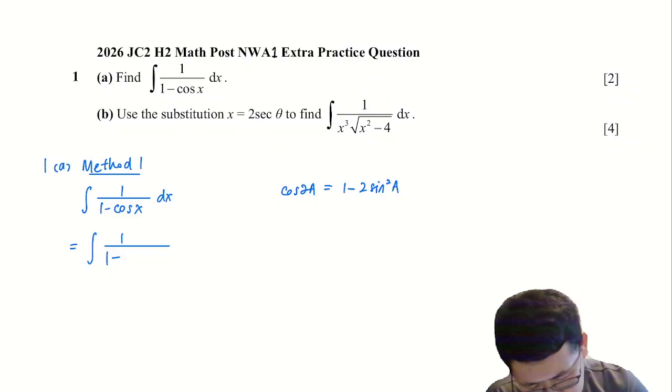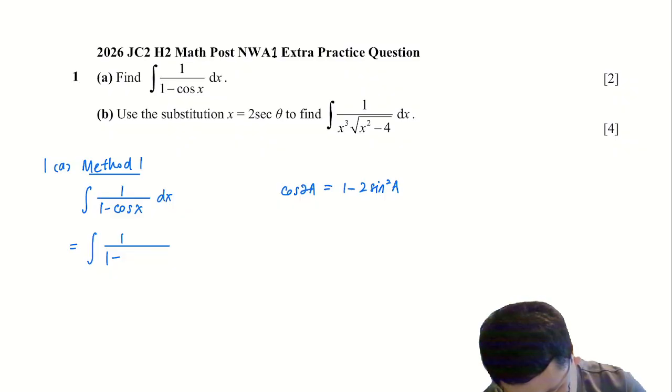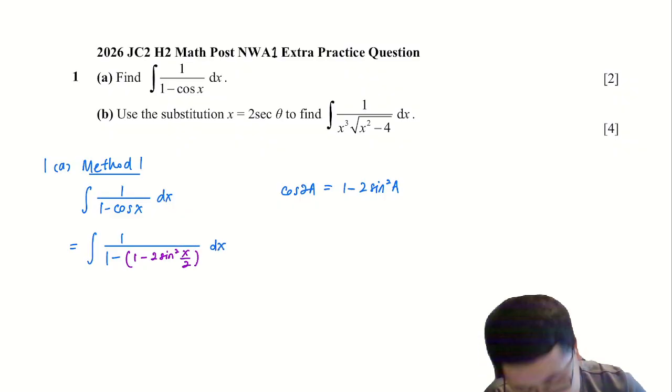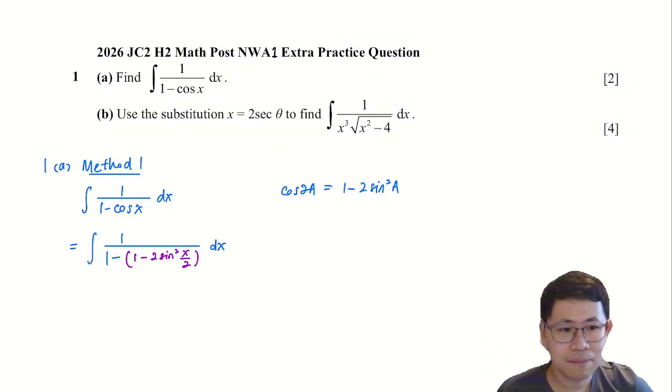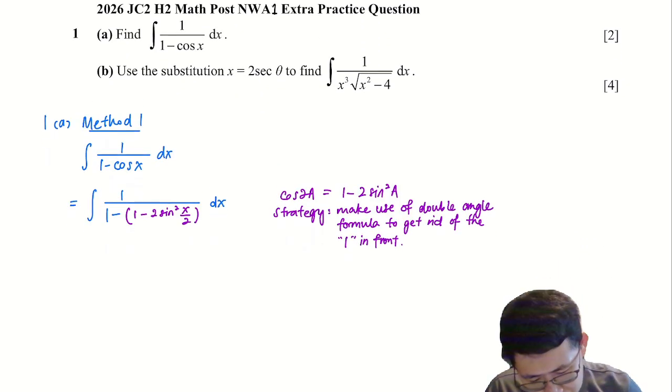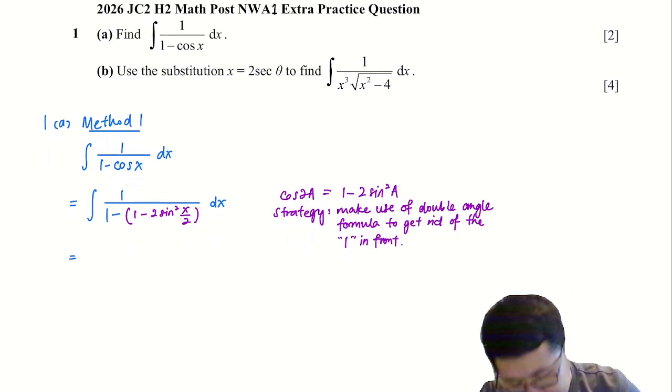So with this, let me rewrite this into 1 minus 2 sine square, then half of this angle would be x over 2. The idea is to make use of the double angle formula in order to get rid of the 1 over there.